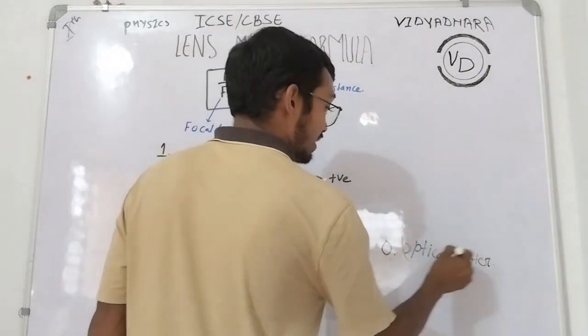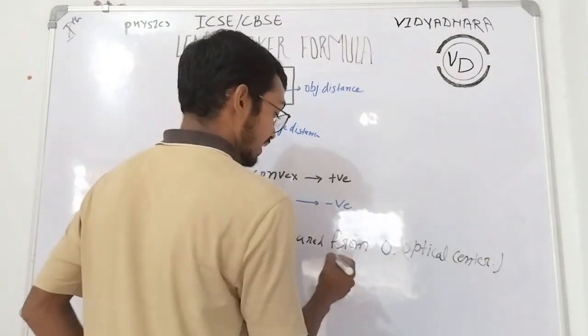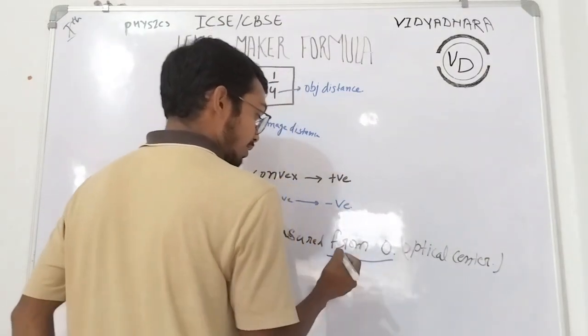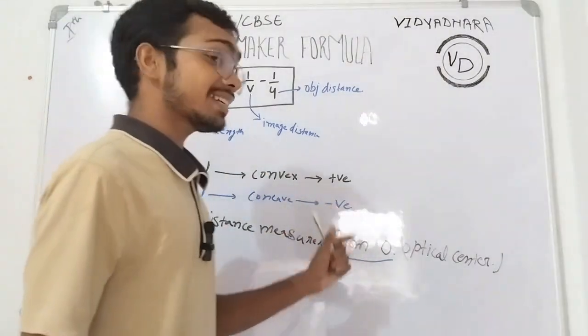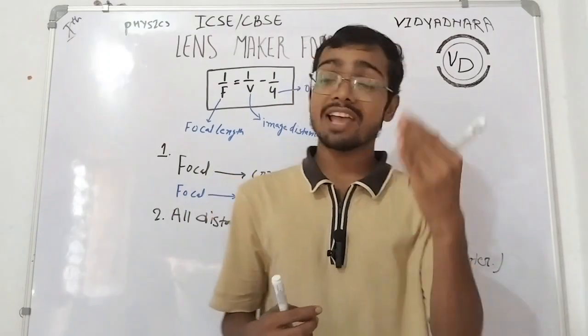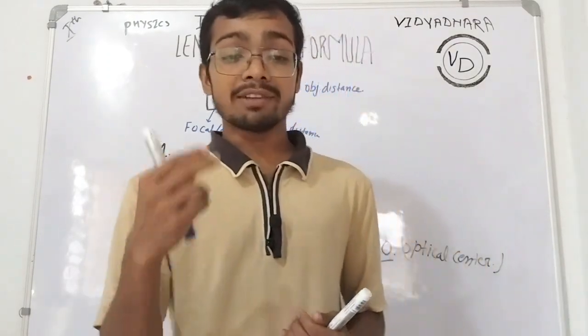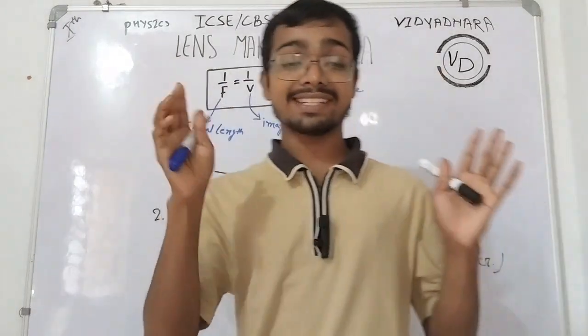We have already talked about the optical center in the lens, but I repeat again, the optical center, with a diagrammatic view. So this is important. All distances are measured from the optical center, and I am going to discuss it with a diagram. First, I give the 4 types of sign convention rules by which you can find focal length, image distance, or object distance.